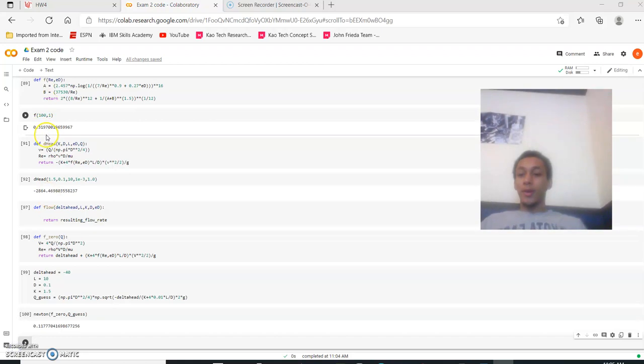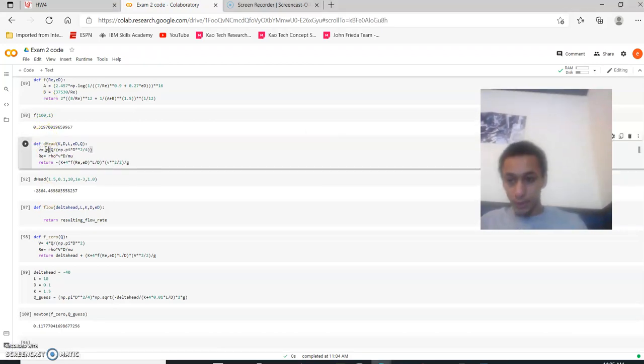Then what we do is go back up to D head, and we're going to use np.abs to make sure velocity is positive, and to account for that, we're going to have to add a negative, let's say np.sign of Q times this.